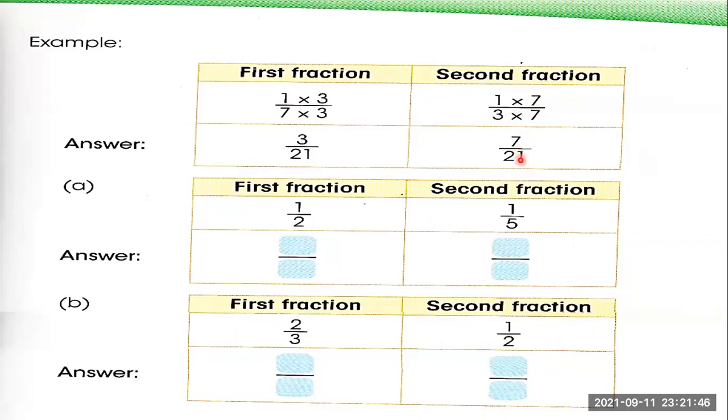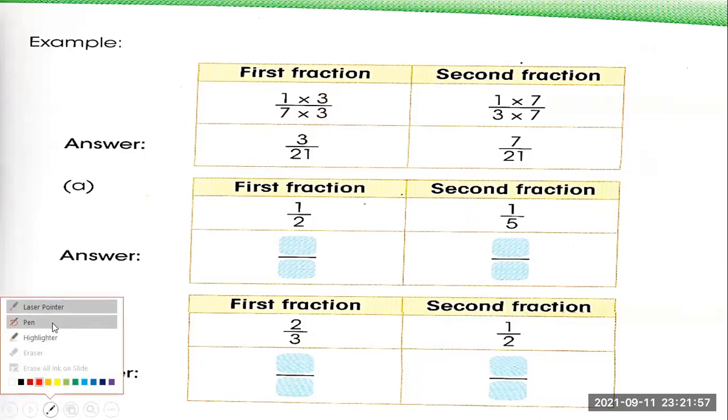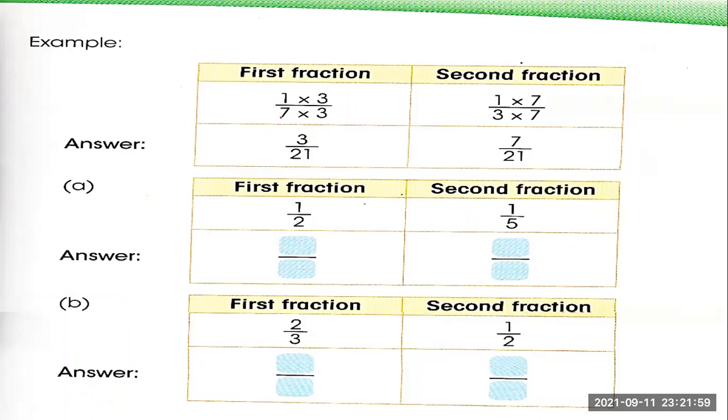How are we going to get it? Here, as you can see, we use 3 over 3. Why did we use 3 over 3? Or why did we multiply 1/7 by 3? Because the denominator of the second fraction is 3. Okay, that's why we use 3.